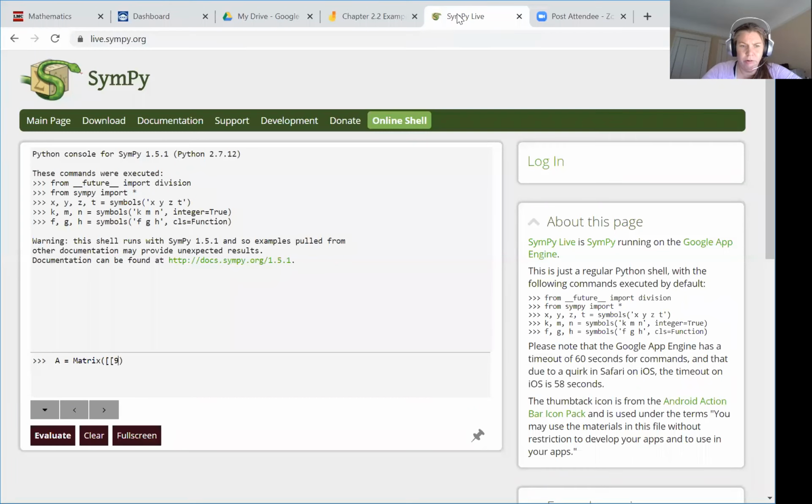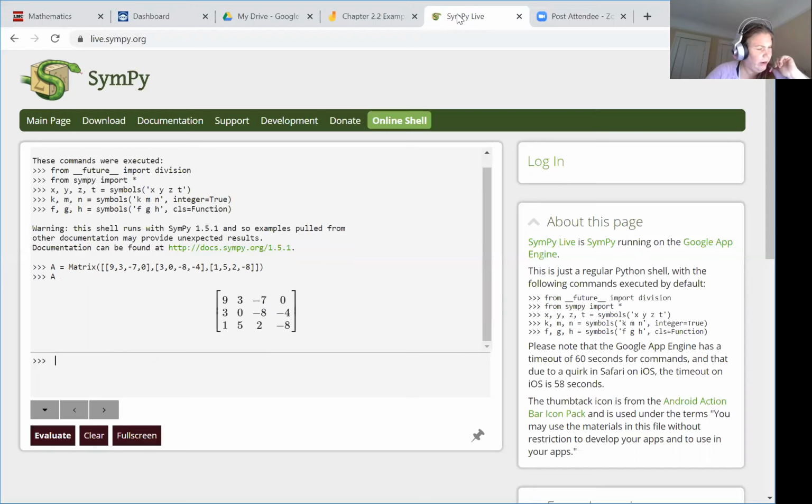The rows are 9, 3, -7, 0 for the top row, and then 3, 0, -8, -4 for the second row, followed by 1, 5, 2, and -8 in the third row, and then we can just verify, type A, and we should get out the exact match for the example we were just looking at.